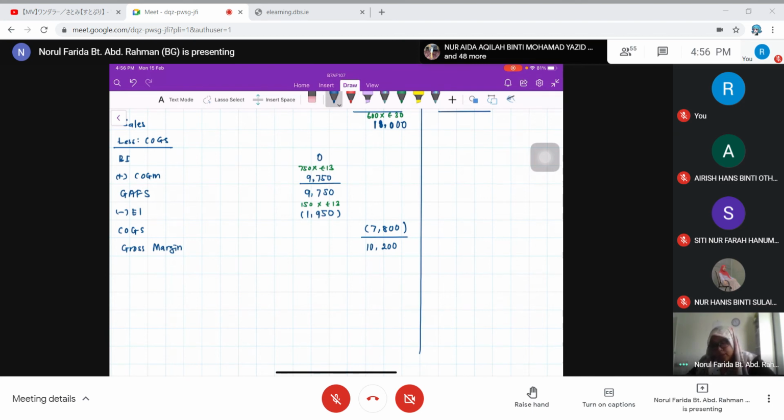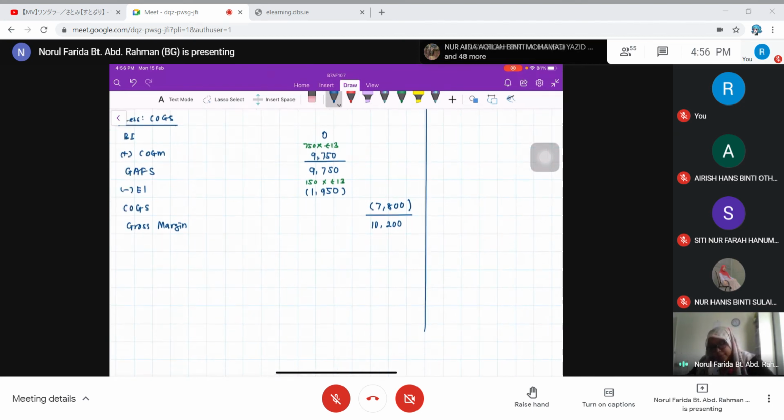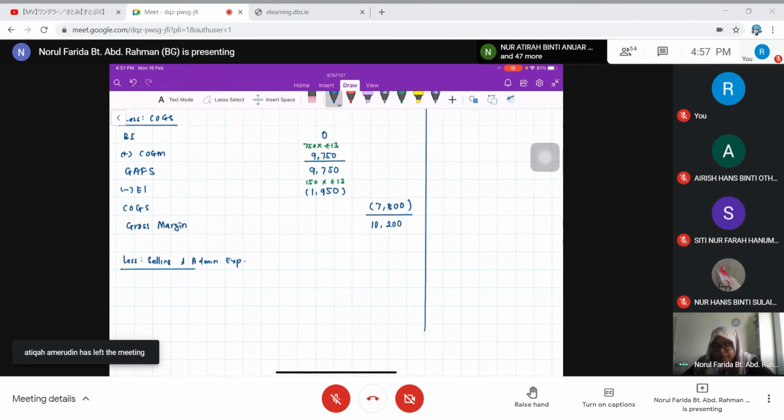And then only we will less our period cost, or less our selling and admin expenses. Less your selling and admin expenses.